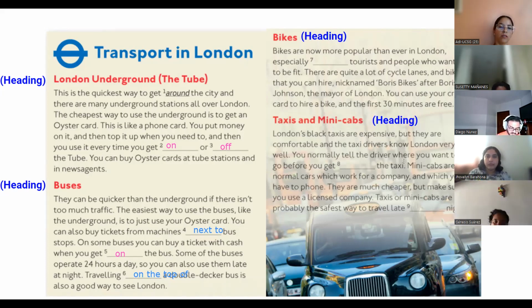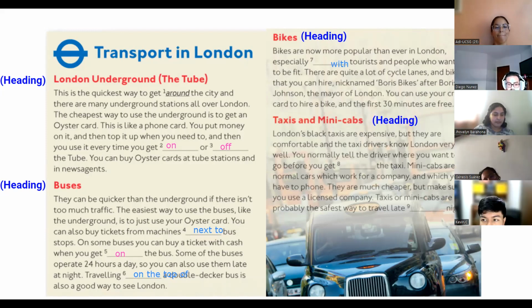Phrasal verb get. Excuse me? Get at the taxi. Are you sure? Get into the taxi. Get in the taxi. Yes, Kevin, please.